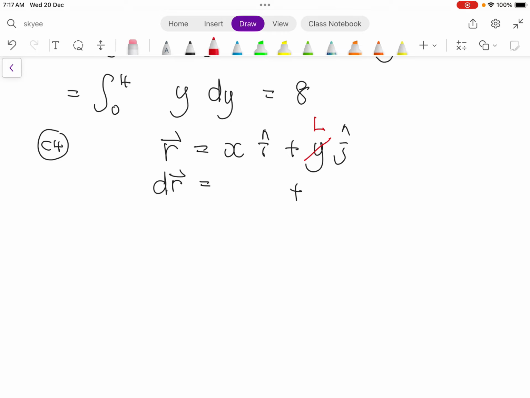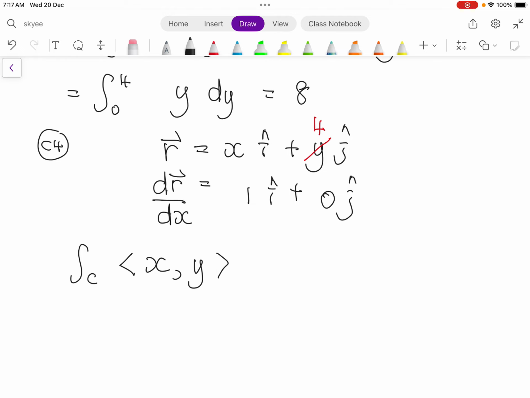This is equal to 4. So you can only perform the dr dx. So you get 1i and 0j. Put in the line integral: you have x i, y j, dot product with 1 and 0, and this is dx.